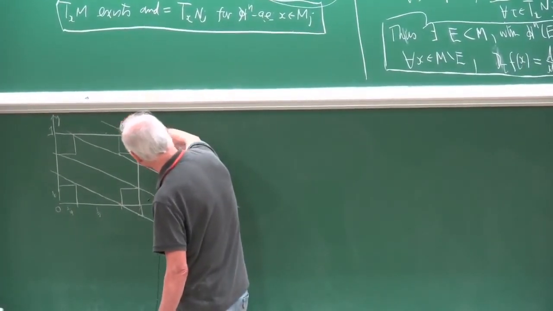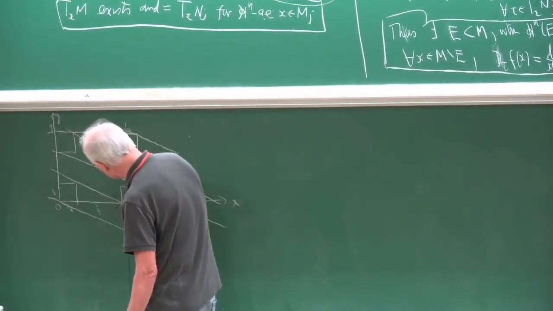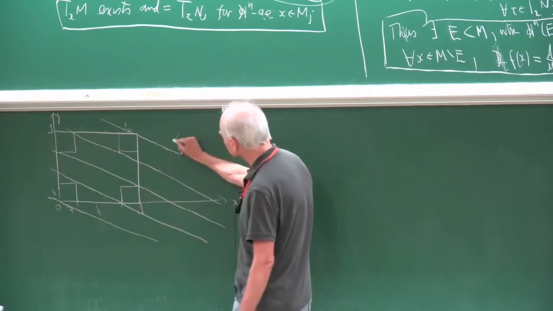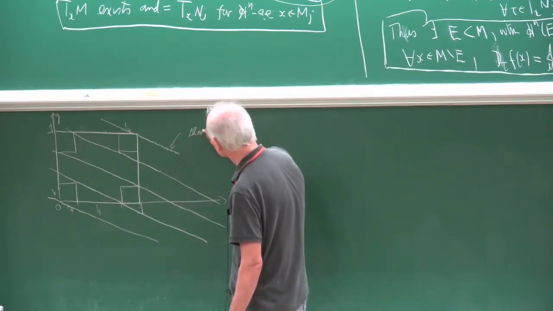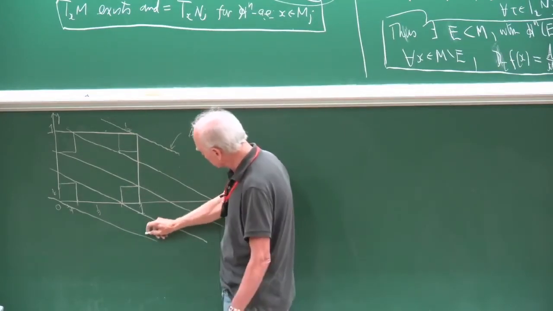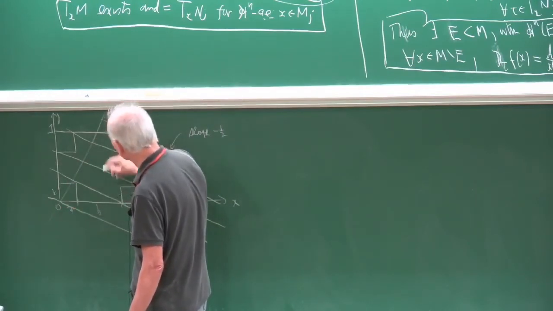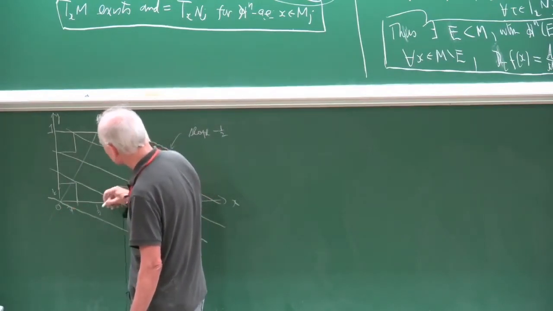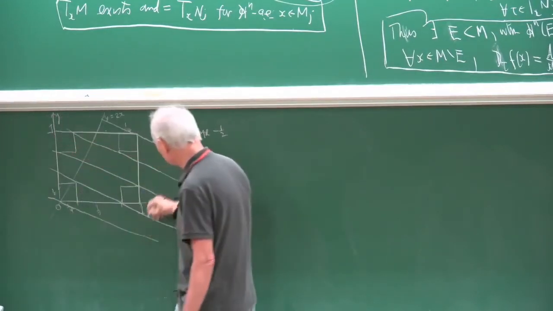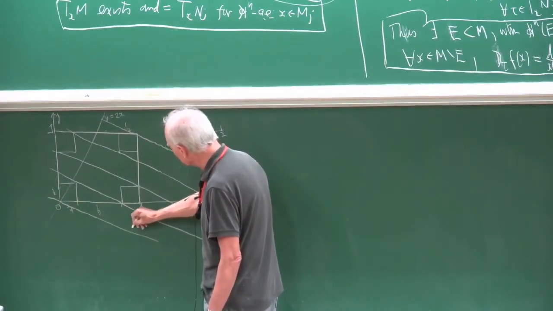And let's do another one here, and another one here. Now these are lines of slope minus 1/2. Look at the y equals 2x line. That's slope 2. That's orthogonal to these. So let's look at the projection onto that.